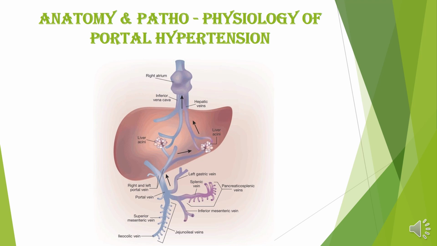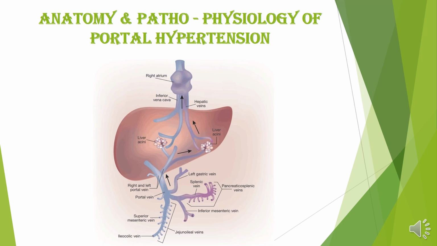Let us discuss the anatomy and physiology of the portal venous system. So this is the superior mesenteric vein which drains blood from the small intestine, and then there is the inferior mesenteric vein which drains blood from the large intestine and into the splenic vein, and these splenic vein and the superior mesenteric vein merge to form the portal vein.